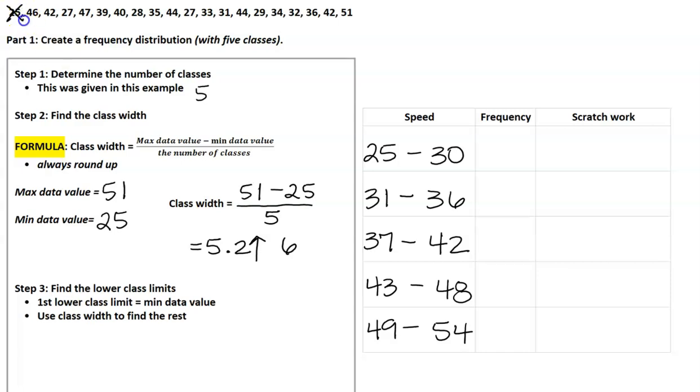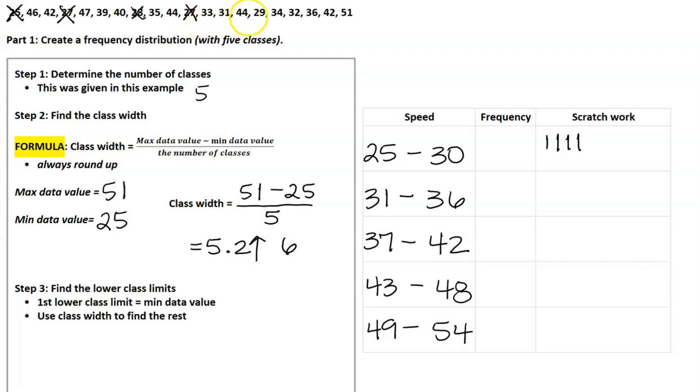So the first number we see, 25, falls into this category, so I'll put a tick mark there for 25. 27 also falls into this category. Moving down the list, we have 28 that would also fall in here. We have another 27 that lands in that category.